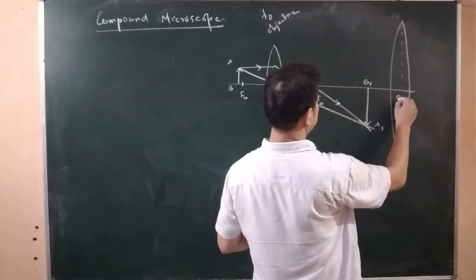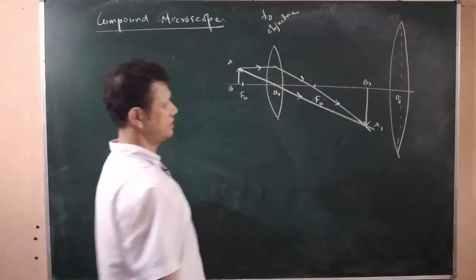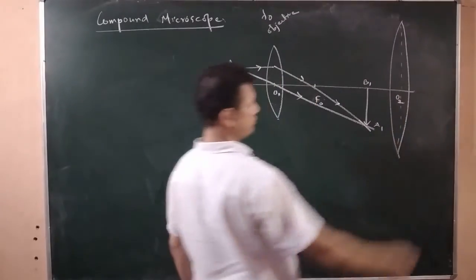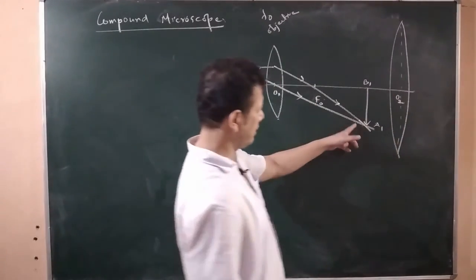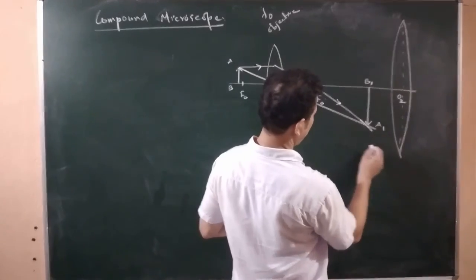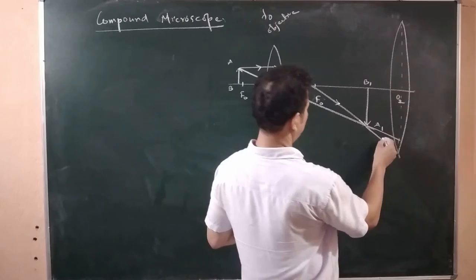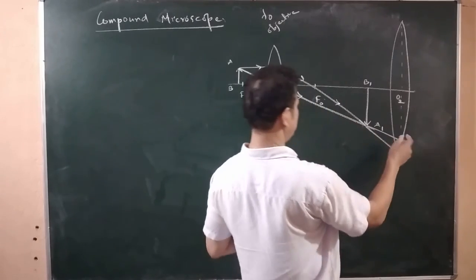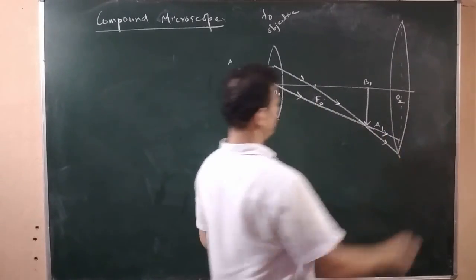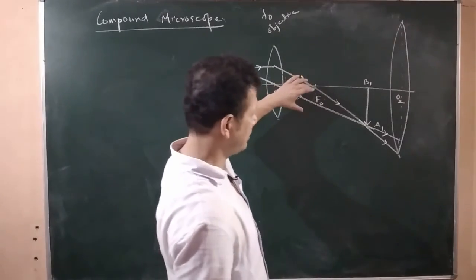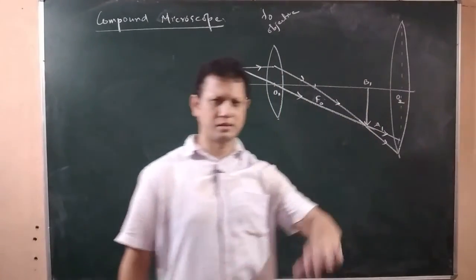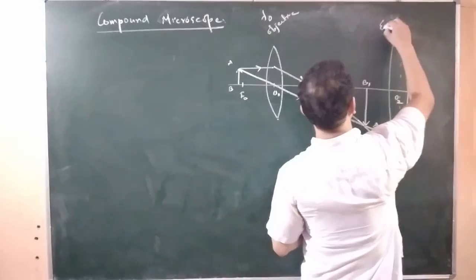The optical center of the second lens I name O2. And these two light rays are entering. So these two light rays have now entered into the second lens, and this lens is now known as what?